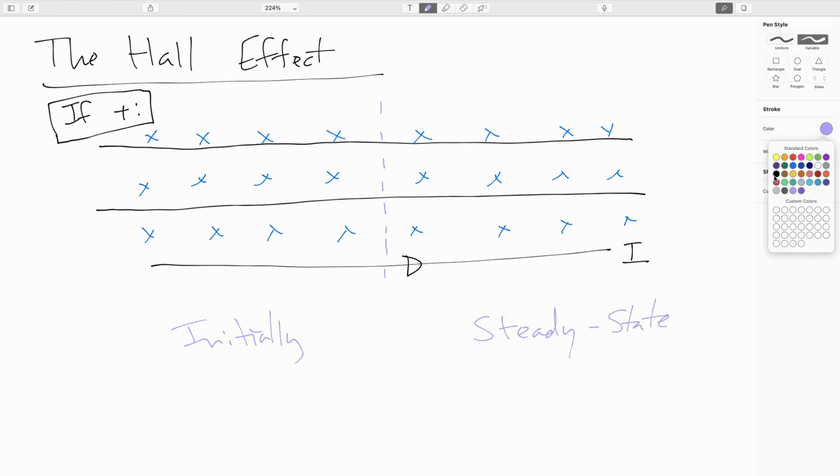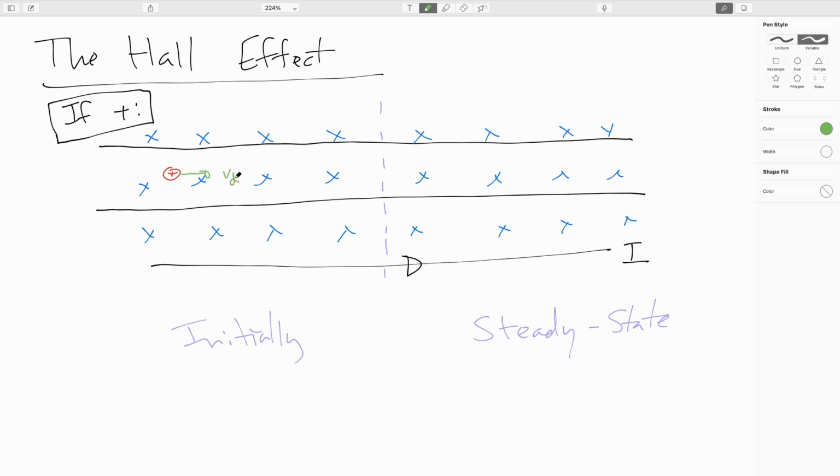So initially, if we have positively charged ions as our charge carriers, if the conventional current is flowing to the right, which way would our charge carriers be drifting? Yeah, they would also be moving to the right. So we got our positively charged carriers.